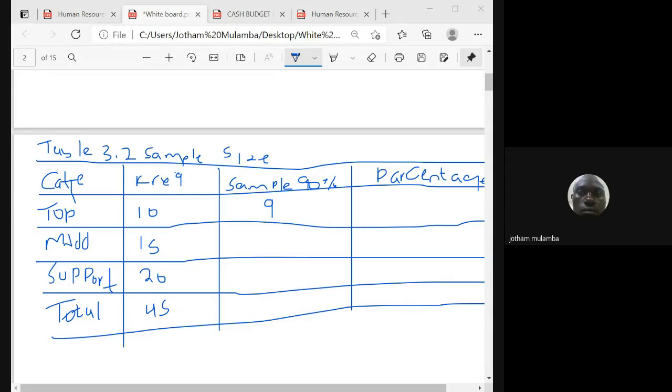That's 13.5. Because we are using human beings, we round off. We cannot have 0.5 of a person. So we'll round off to 14.